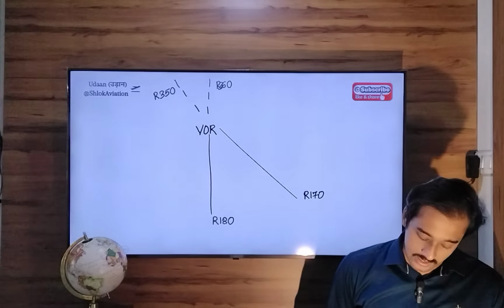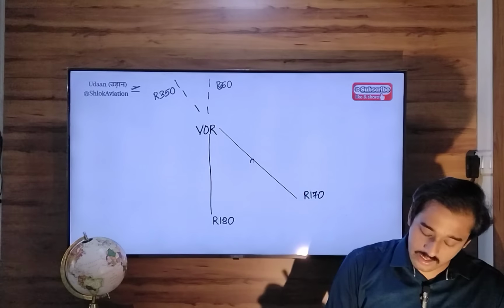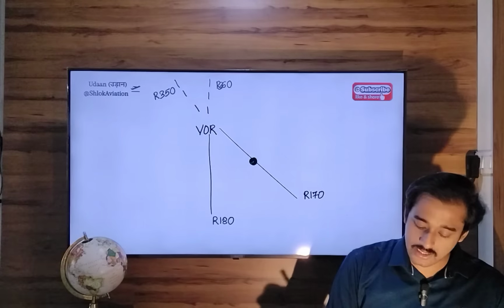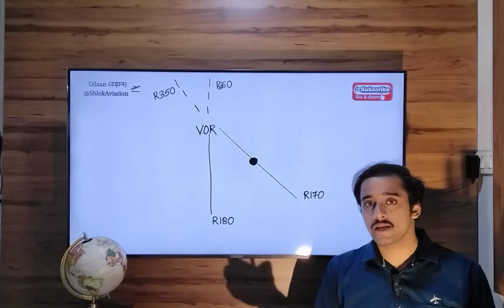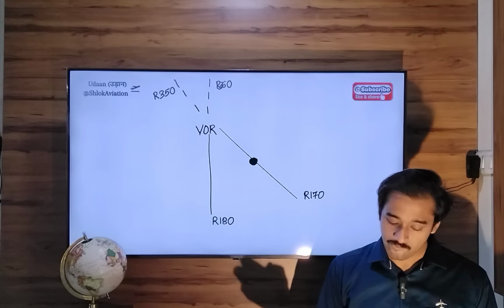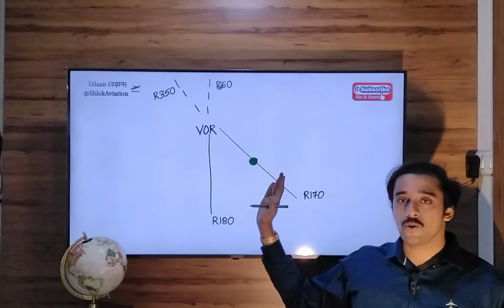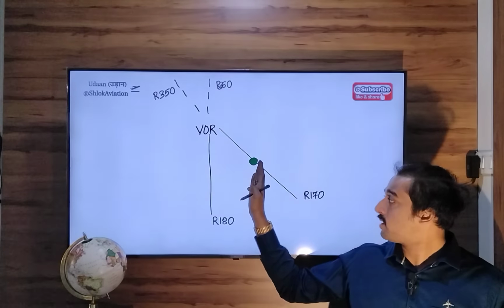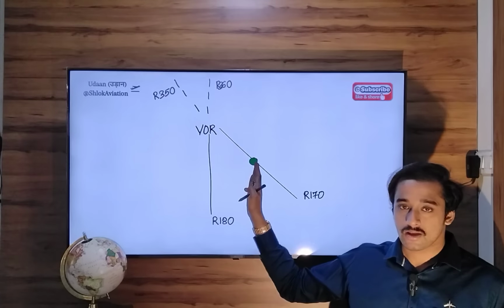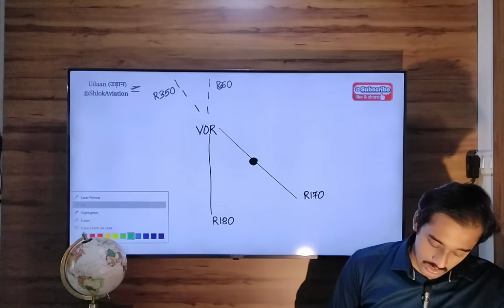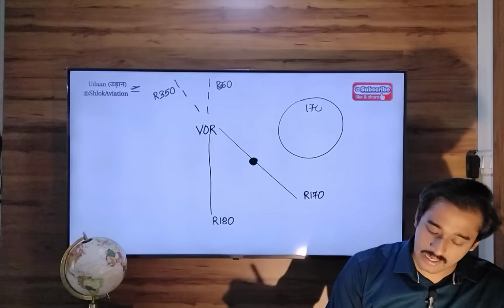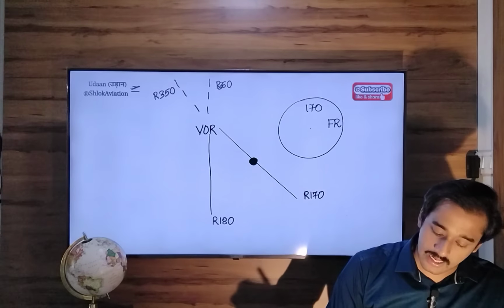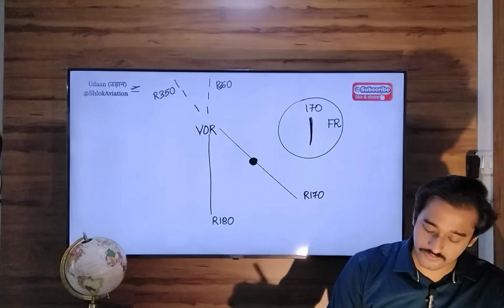Now your aircraft is situated on radial 170. Since this is not an HSI, I'm not going to pay attention to the heading of the aircraft. Now we are on this side of the VOR, and we are on radial 170. So if I put radial 170 in the OBS selection, I get a FROM indication and the needle remains in the center.